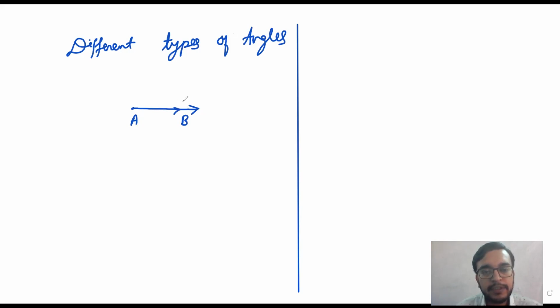Then the distance between these two rays is 0.